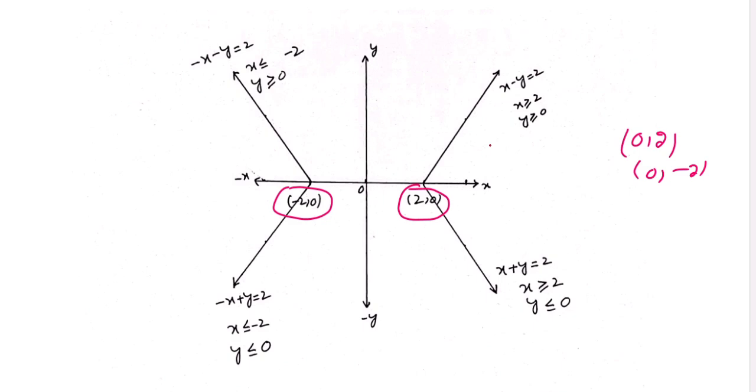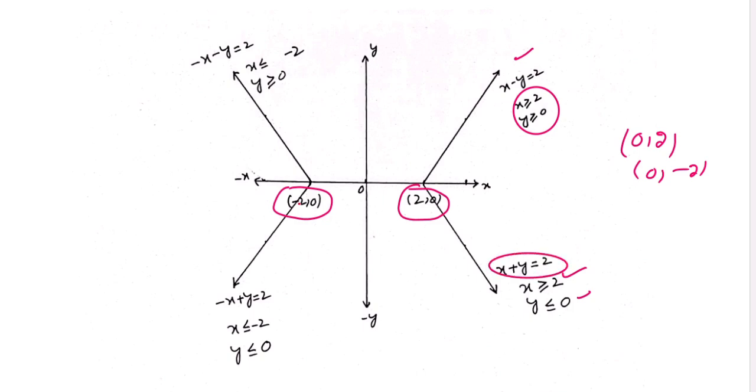Starting from the intercept x = 2, y = 0, when x is greater than or equal to 2 and y is greater than or equal to 0, this will give the graph of x minus y equal to 2 here. Similarly, again, when you start from this intercept 2, 0 and x is greater than or equal to 2, y is less than or equal to 0, this will give the graph of x plus y equal to 2 here.